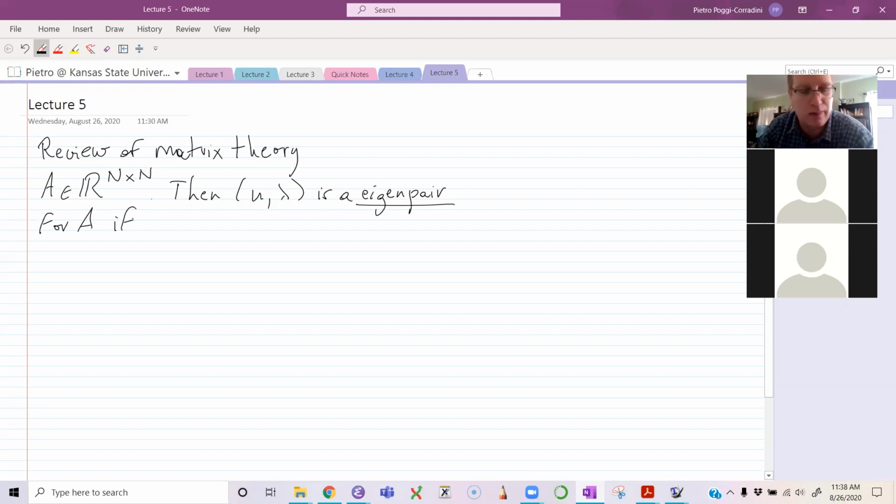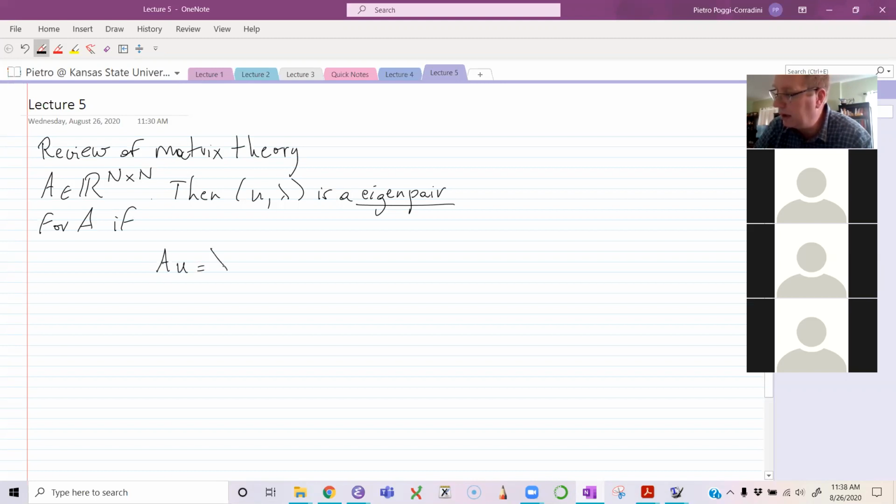if what? What is the condition? Remember? Then the matrix multiplied by a vector is equal to the same vector multiplied by lambda. So Au equals lambda u. That's true.